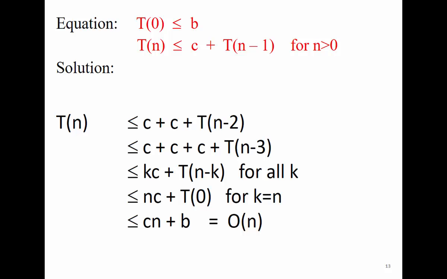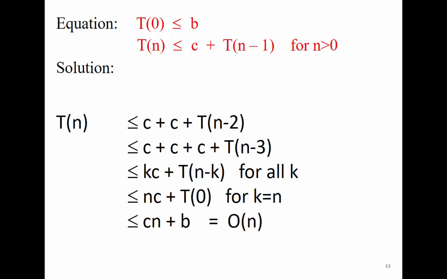The pattern here is k times c plus the time complexity for n minus k. Now, to find the time complexity, let us assume k is equal to n. If we reach k equal to n, in this case we have n times c plus the time complexity for solving n equal to 0, which is the base case scenario.